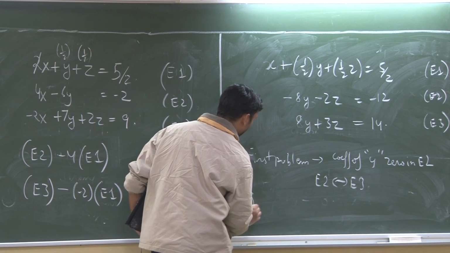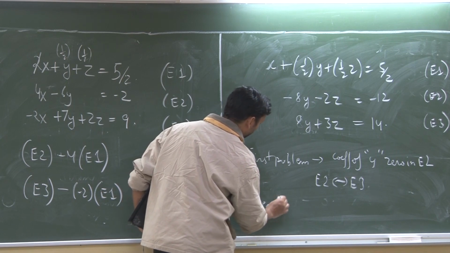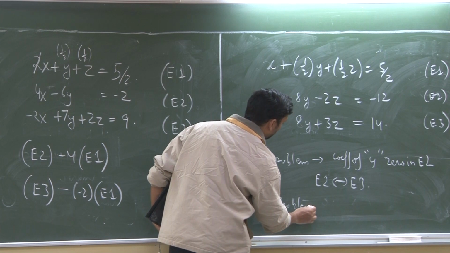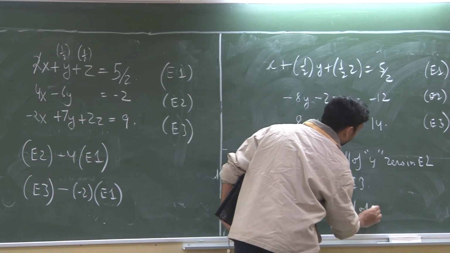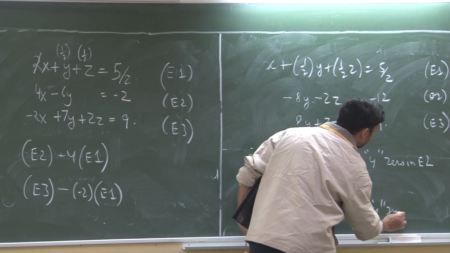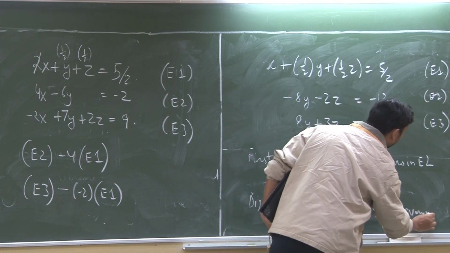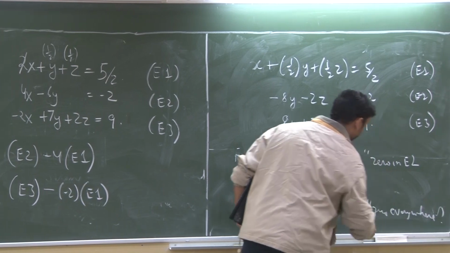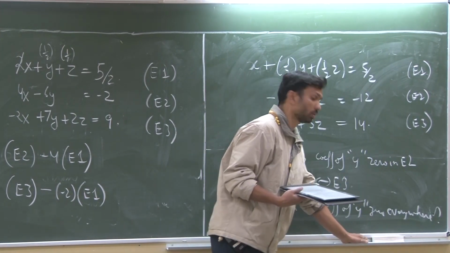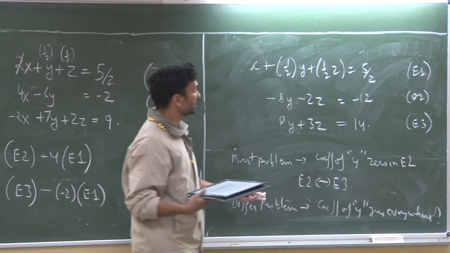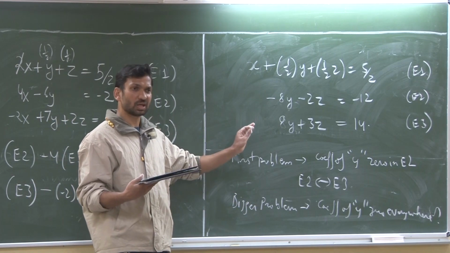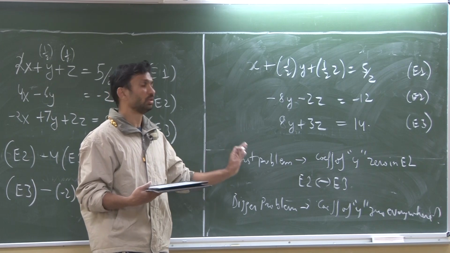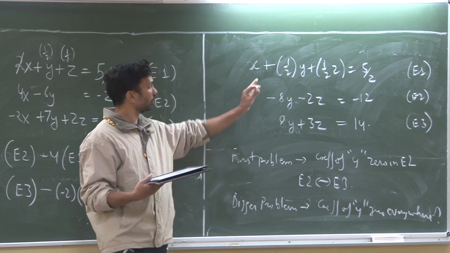But a bigger problem is if the coefficient of y is 0 everywhere. There are multiple such cases where our standard procedure will get stuck, but there are solutions out. We will talk about them, but for now, let's proceed here.